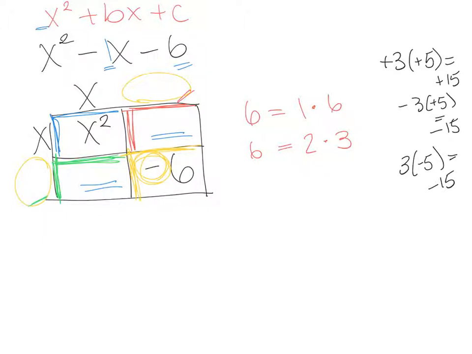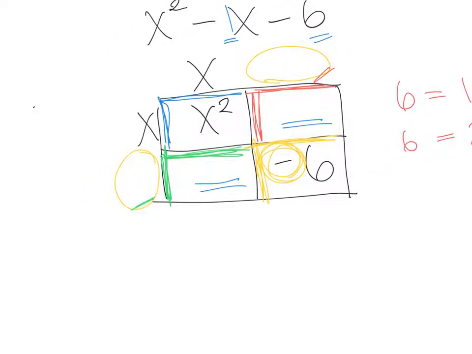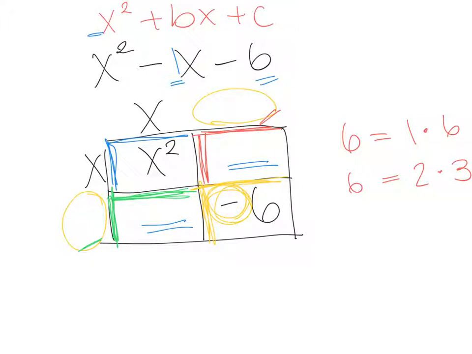So one's positive, one's negative, and we get a negative answer when we multiply. Coming back over here, my two factors of 6 have to be positive and negative, and they have to add up to negative 1.